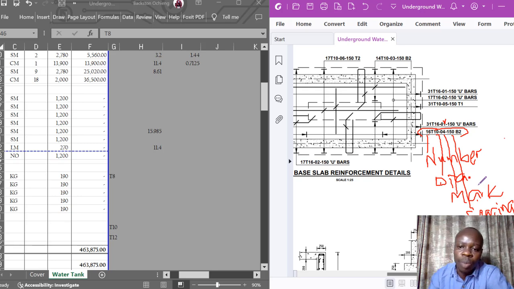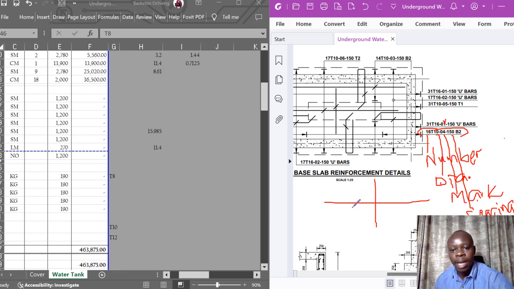So at the bottom, at the very first layer of the bars, we have the B1, and then also on the same bottom there is a B2, on the other direction, because reinforcements are always put in opposite directions.